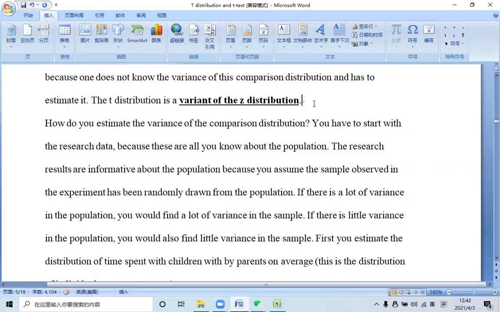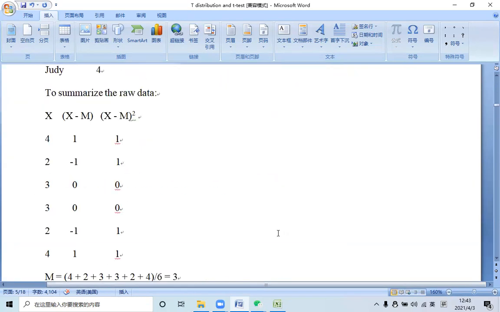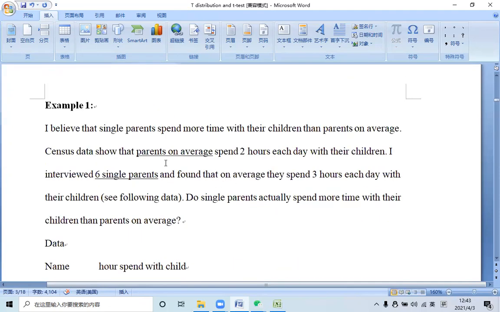And why do we use t distribution rather than the z distribution? This is because we don't know the variance or standard deviation of the population. You look at the question.